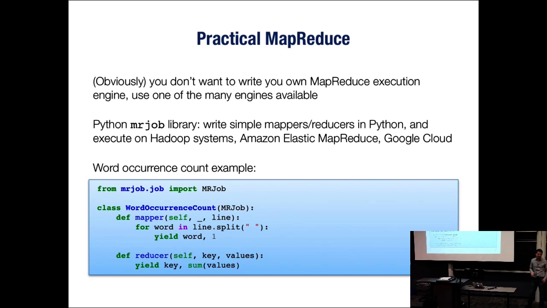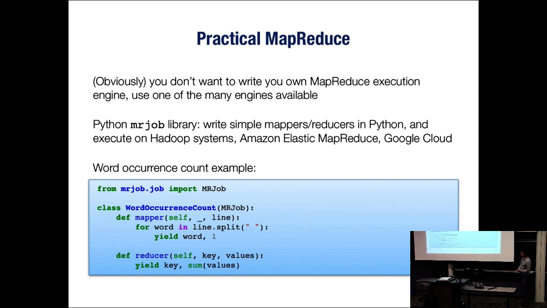Essentially, this is a nice wrapper that lets you easily write MapReduce tasks. It lets you also chain together multiple MapReduce tasks in a whole graph of computation, and then it lets you run it seamlessly either on a Hadoop cluster or on Amazon's Elastic MapReduce or on Google's cloud, so it's fairly nice.